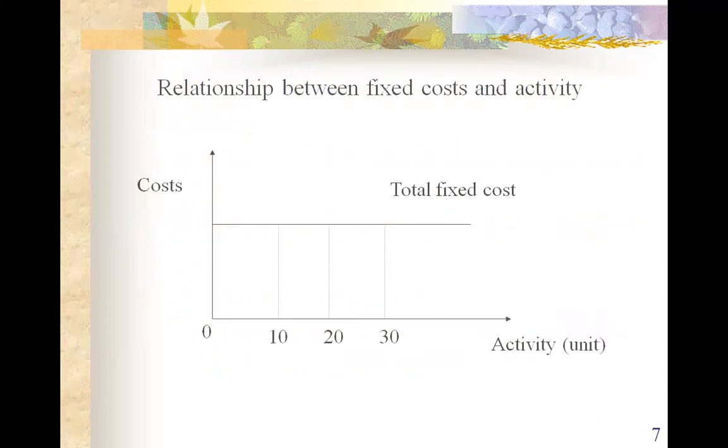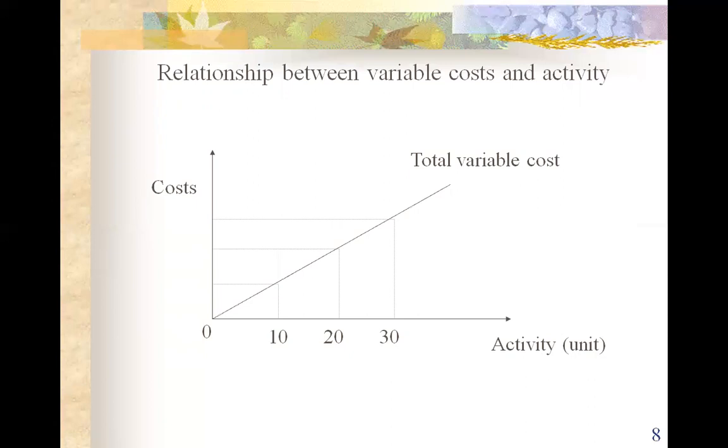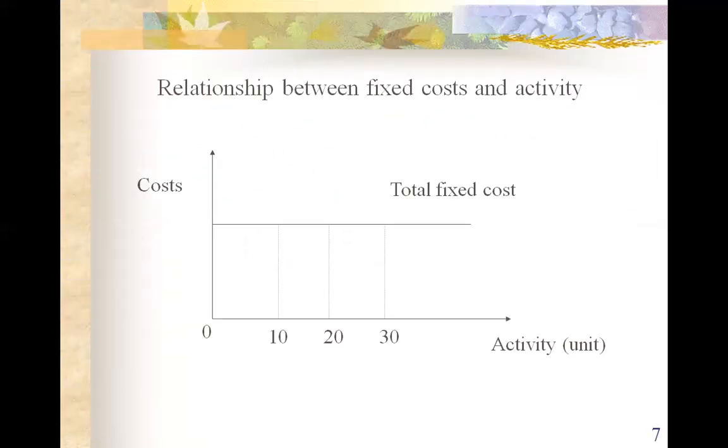Okay, now you see the relationship between fixed cost and the activity. So here you see, a graph will actually show how the total fixed cost will change with the level of production. আমরা এখানে দেখাবো যে ফিক্সড কস্টটা কিভাবে লেভেল অফ প্রোডাকশনের সাথে চেঞ্জ হয় সেটা আমরা দেখাবো। দেখেন, for example, here you see this is the activity.